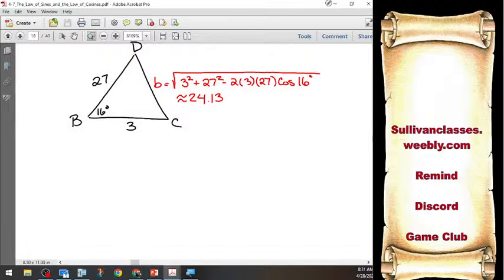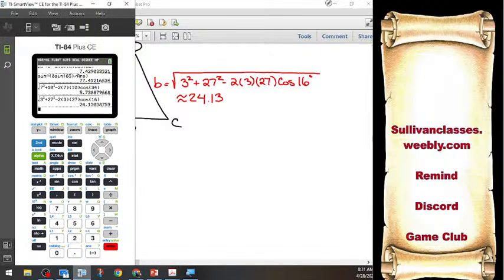In fact, if I was doing law of cosines, I would probably want to find C first because I know it's going to be biggest. Your choice. So if I do the law of cosines from C, I like that a lot better. Then arc cosine of whatever is directly across from it. Oh, let's back up. Make a fraction first. There we go.